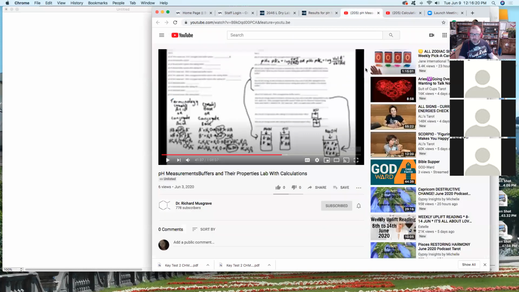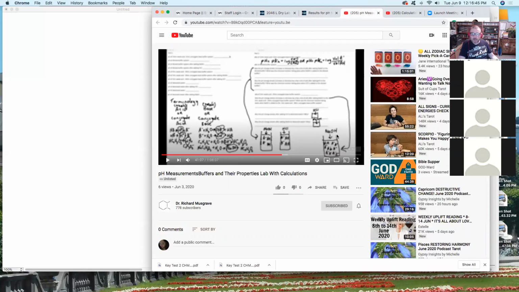I show these different methods. There's a situation where you just have the conjugate base and the acid in there. The conjugate base is the A-, the acid is the AH. When we add a strong acid or strong base to it, we don't get much of a change in pH because of the presence of these species in the solution.